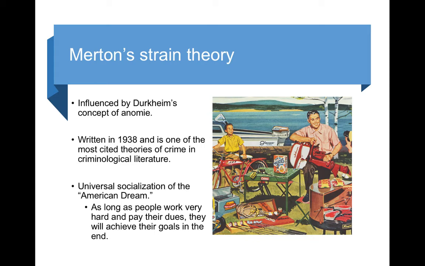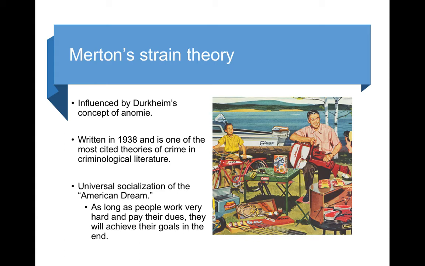Although the theories differ regarding exactly what's causing the frustration, as well as in the way individuals cope with such stress and anger, they all identify the strain placed on an individual as the primary cause for the development of crime. In the 1930s, when Merton was formulating his theory of structural strain, he drew heavily on Durkheim's idea of anomie.